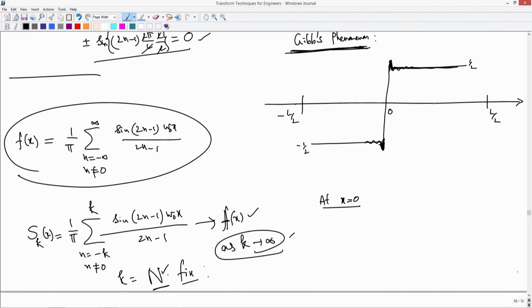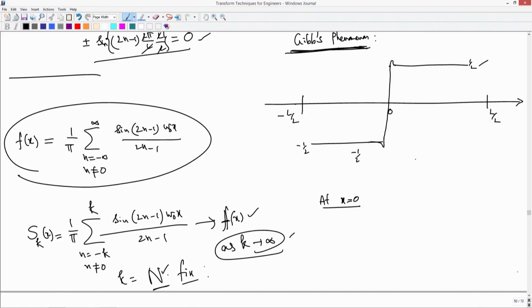For every positive x it converges to half, and as x goes to 0 from the negative side it converges to minus half, but near 0 there is always an overshoot, here also.